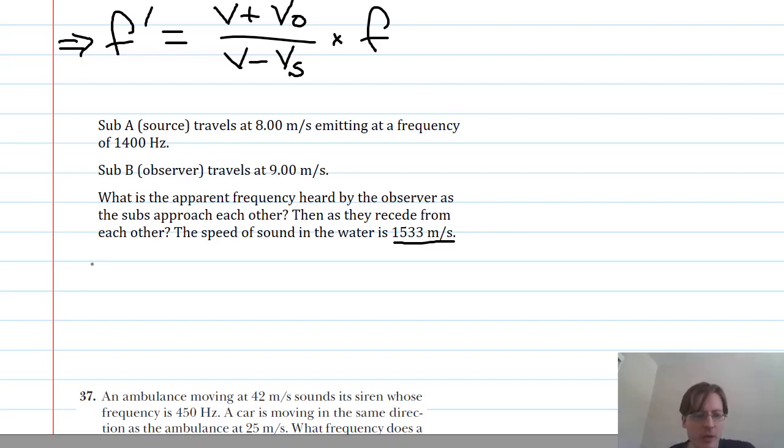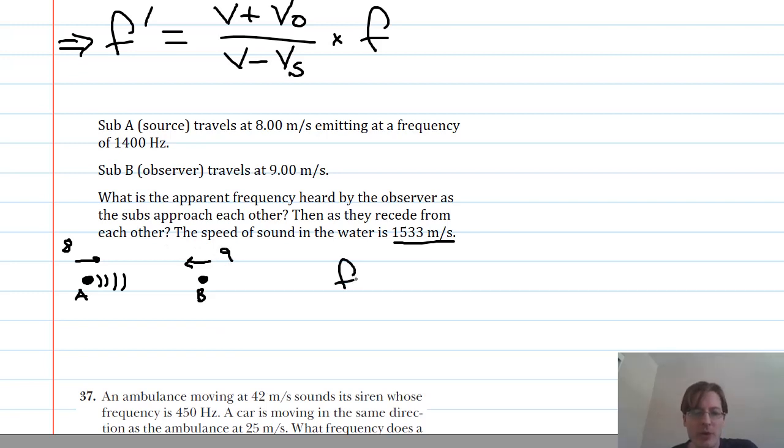So first, they're approaching each other. Here's submarine A sending out sound waves, and it's moving, let's say, to the right. Submarine B is heading towards it. A moves at 8 meters per second, B moves at 9.